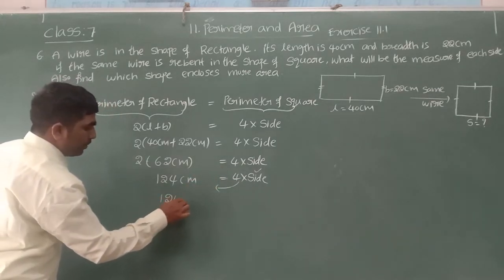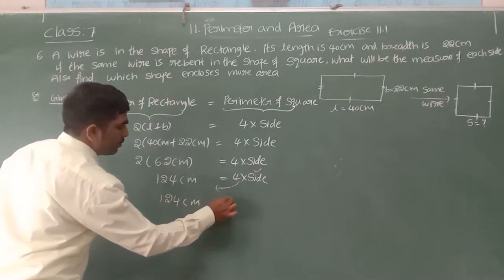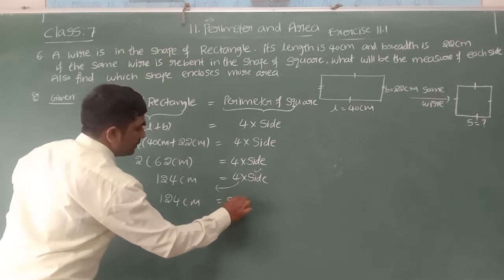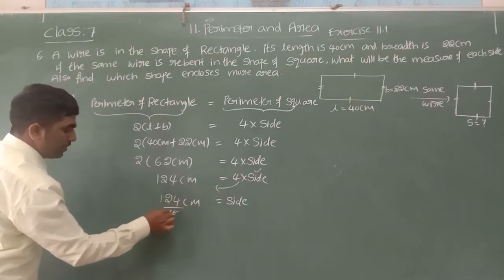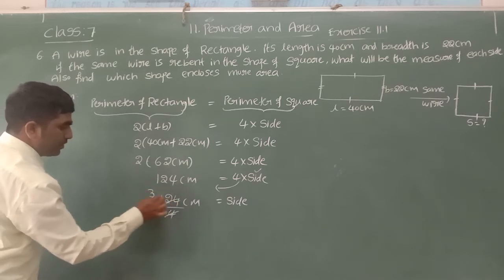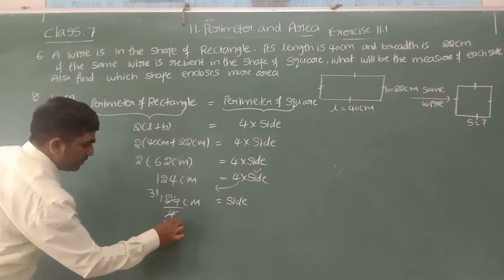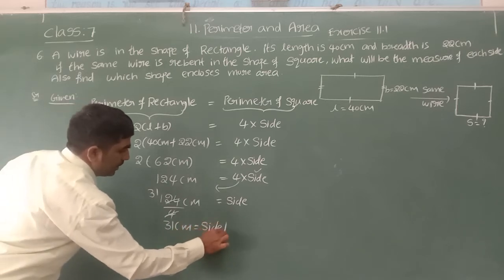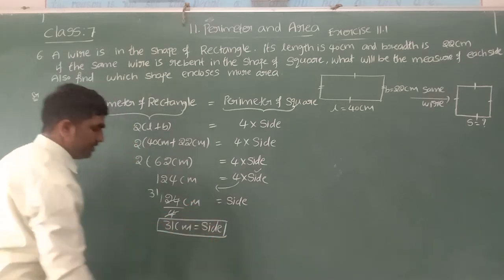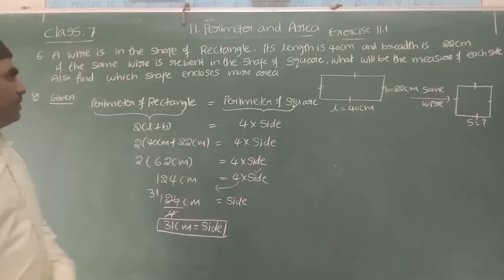So 124 centimeter is equal to how much side? This into 4, if I transpose, divide by 4. 4 3s are 12, 4 1s are 4. So 31 centimeter is equal to what, beta? The length of the side of a square, which is 31 centimeter.